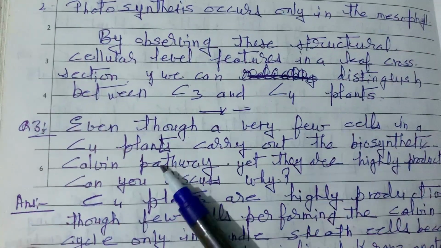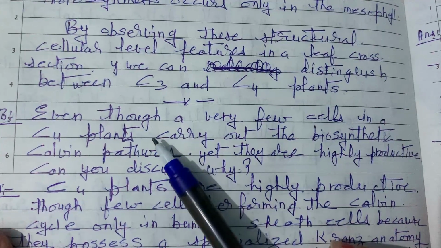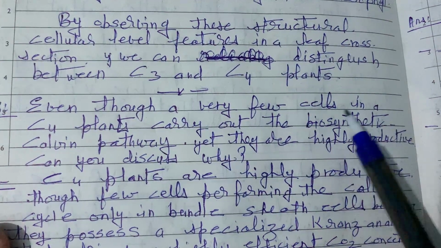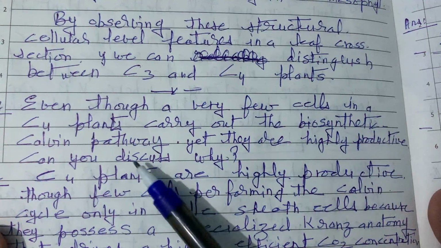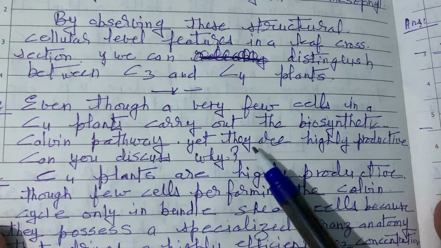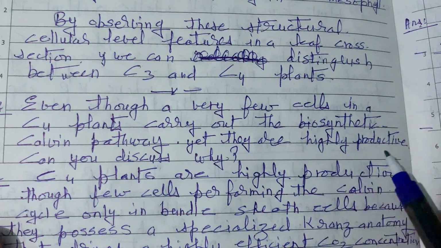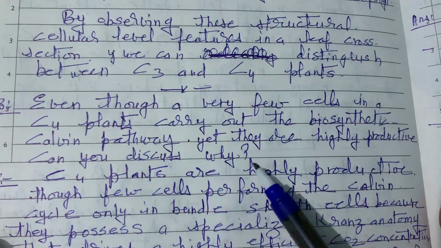Now the third question: even though very few cells in C4 plants carry out the biosynthetic Calvin pathway, yet they are highly productive. Can you discuss why?